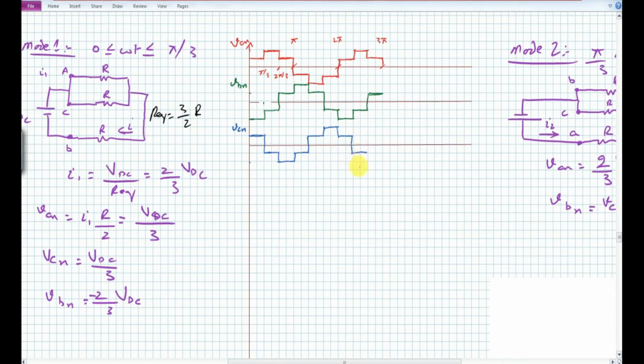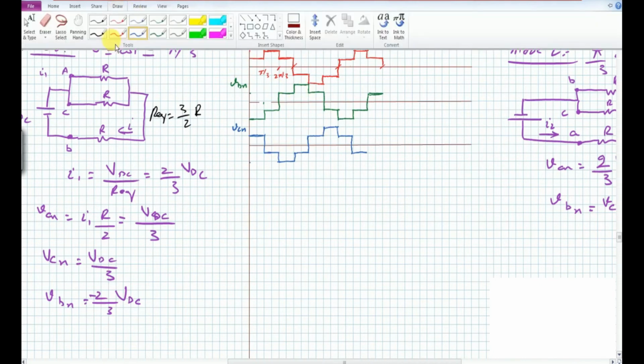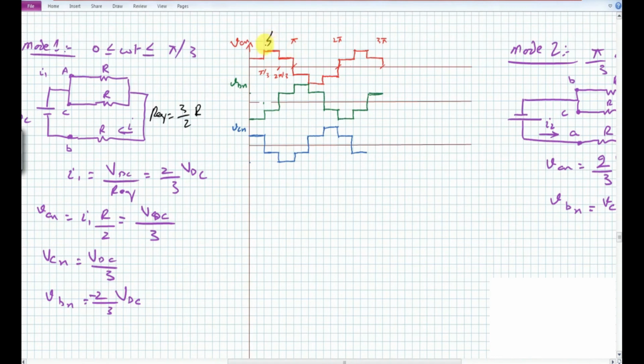So in a nutshell, if you see here, this VAN, VBN, and VCN have values equal to 2 by 3 into VDC, or a value equal to VDC by 3. So it has actually 6 steps, and that is why we call it a 6-step inverter.